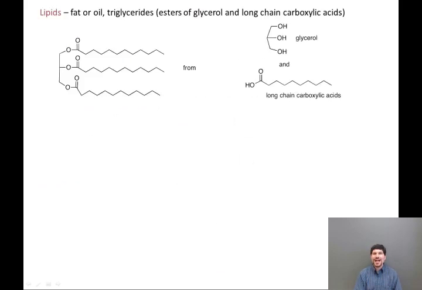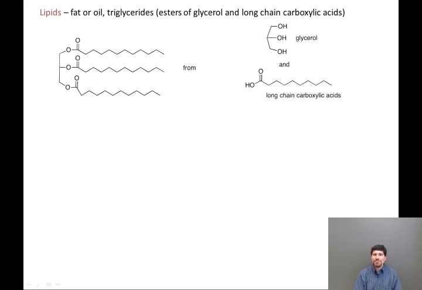Lipids, another class of biological molecules, are most typically found in the body as triglycerides. Triglycerides are the triester formed between glycerol, shown at the right, which is a 3-carbon triol or trialcohol, and 3 what are called fatty acids.